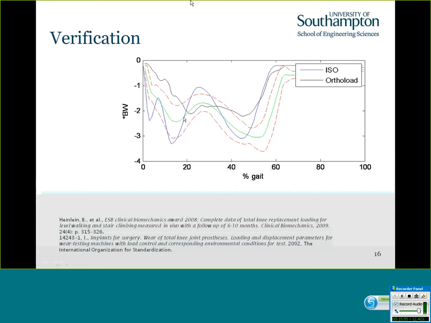But again, this data, this green line, is from the healthy cohort of individuals. So there could be a discrepancy in terms of the knee arthroplasty patients versus the healthies. And it's also of note that the data from the Heinlein paper is fairly restricted in numbers still, so they've only seen a few patients. And I think if they saw a few more, we might see some slightly higher loading at the knee.